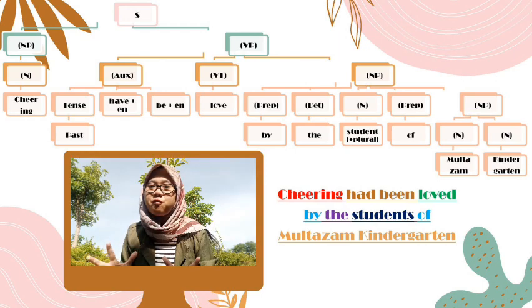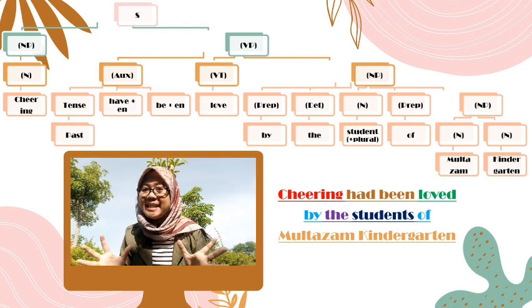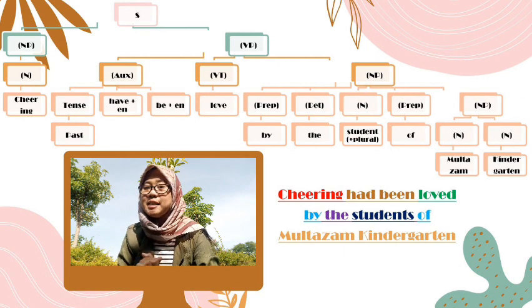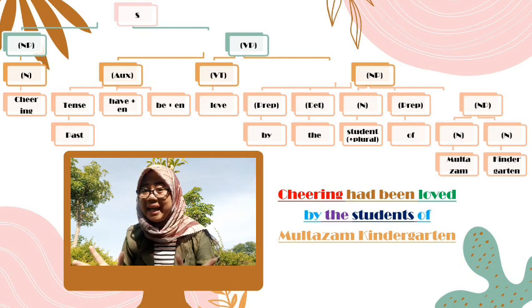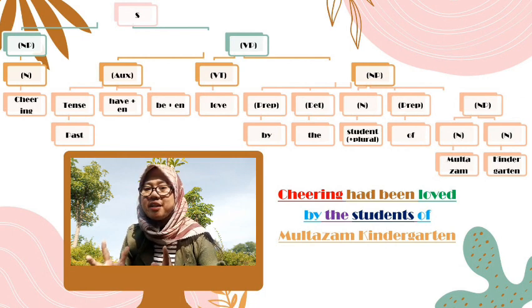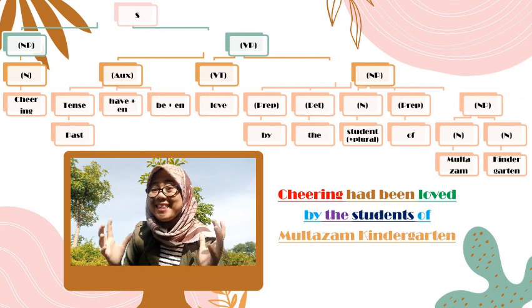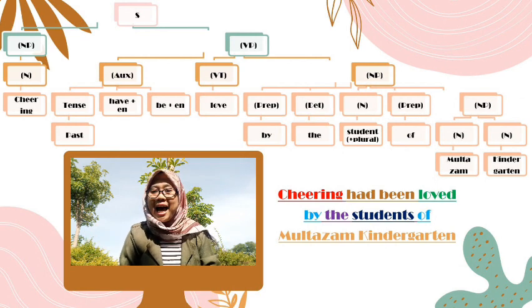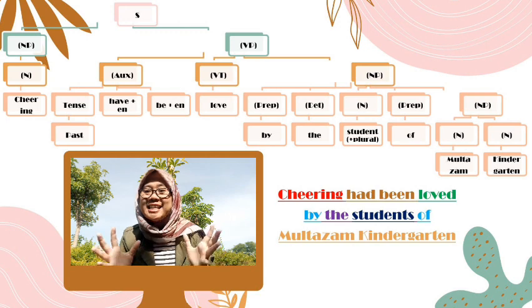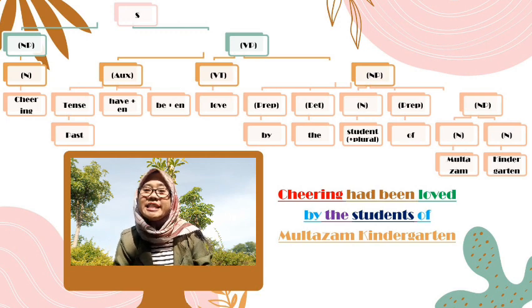And then the last part from VP is NP, consisting of prep as the preposition for the word by. By is prep. And then determiner for the. Student is a noun without adding the s.